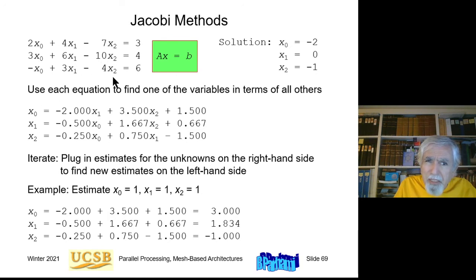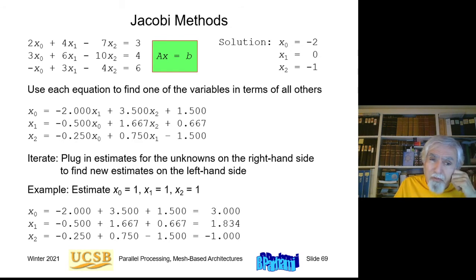And compute x2 from the third equation. So basically you iterate. You take a guess for the values of x0, x1, and x2 and substitute those guesses in these equations and evaluate these equations to get hopefully better guesses or closer values to x0, x1, and x2. And then you repeat this process.